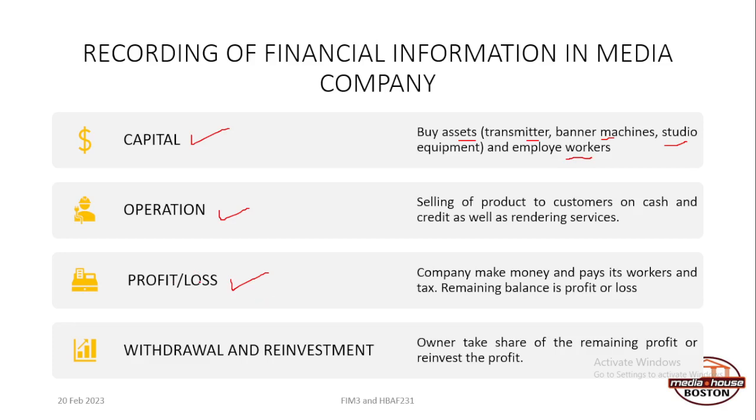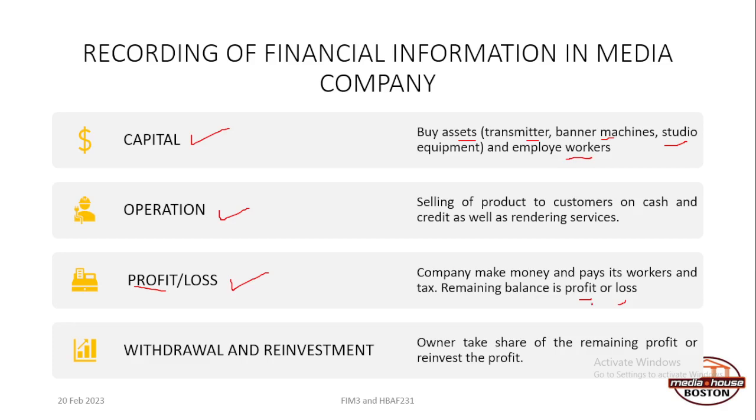But if the income you generated is bigger than your cost, the company generates what? Profit. So the company makes money, pays its workers and tax, and then the remaining balance is the profit or loss, depending on which one was bigger between the income and the expenses.